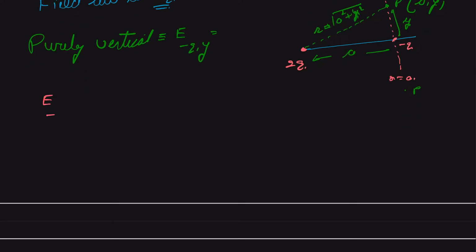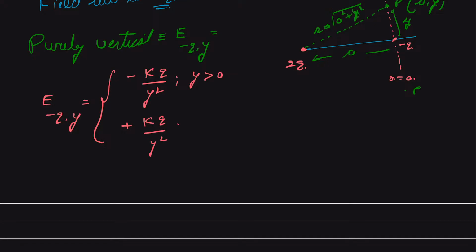So this will be E minus q y, and it is going to have two things, that is minus kq upon y square, and this is whenever y is greater than 0, and this will be plus kq upon y square if y is on the negative side. Now we find out the field due to this plus 2q.